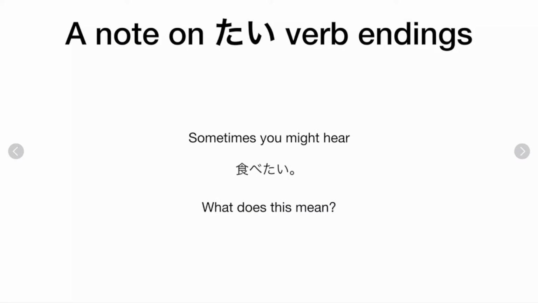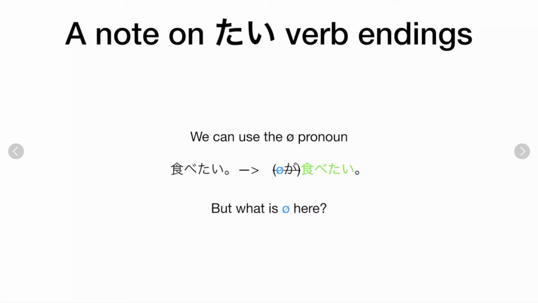So, in a similar way, you might just hear a sentence like someone sees some piece of food and they just say, tabetai. What does that mean? So, we know it's zero pronoun because it's got to be A, ga, B. And we don't see A, so we know this is zero ga B. And B is tabetai. Zero ga tabetai.